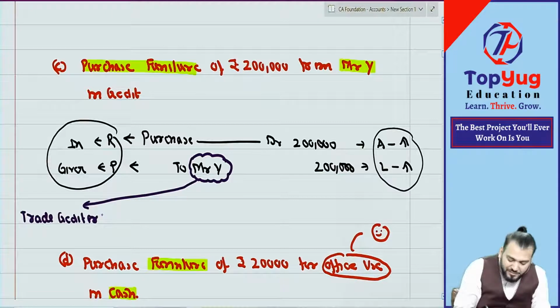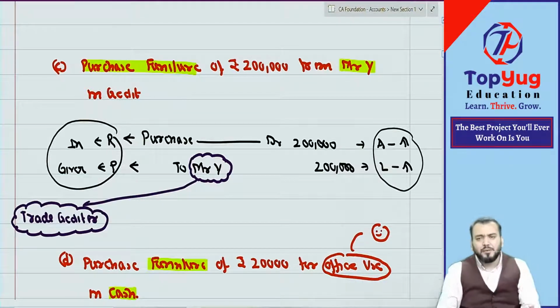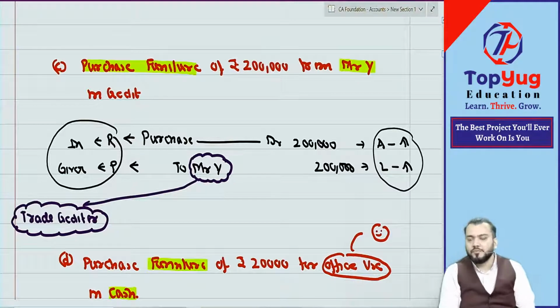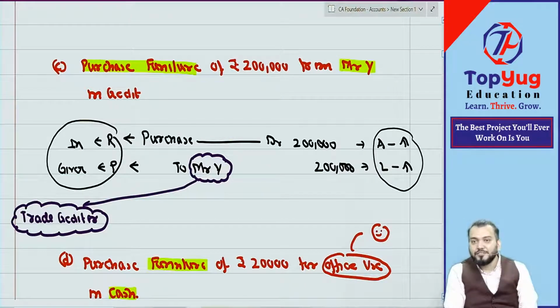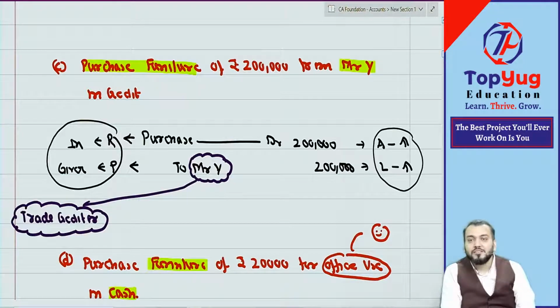Or simply sometimes we call him creditor also. So can I say creditors are the persons from whom goods are purchased on credit?